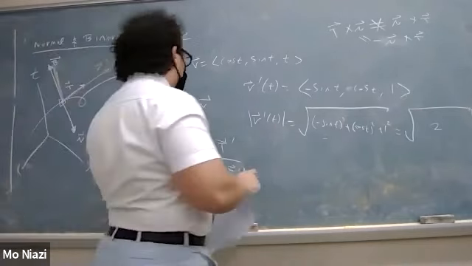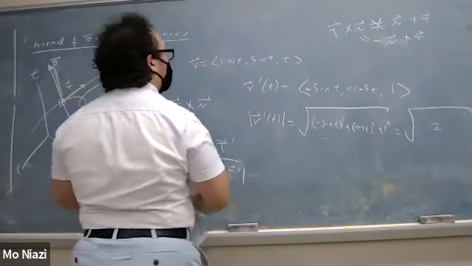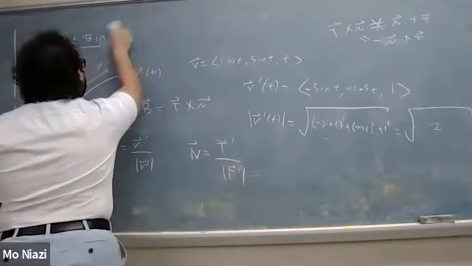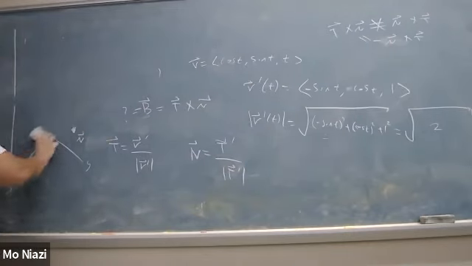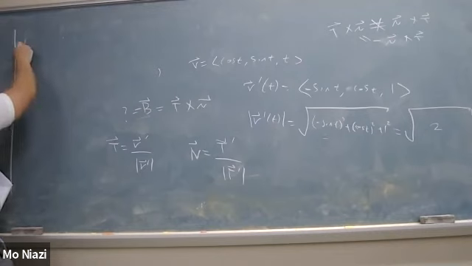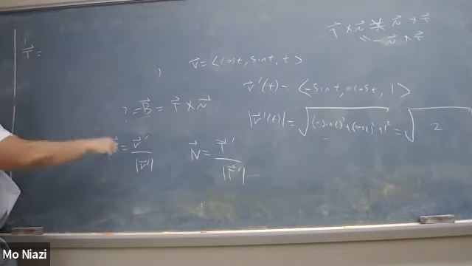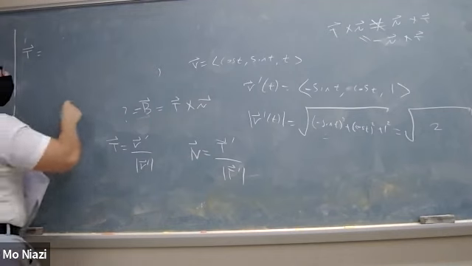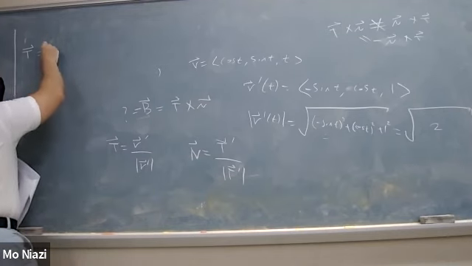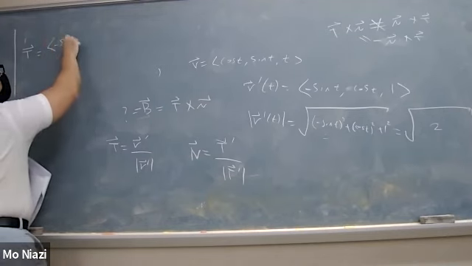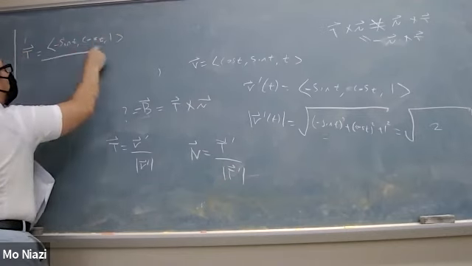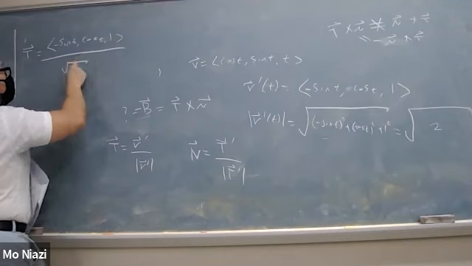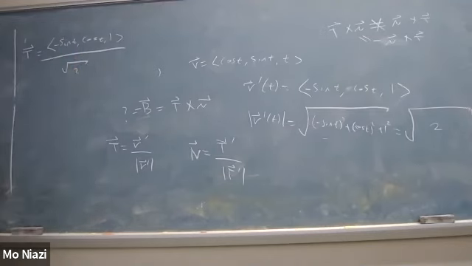Okay, so then this T formulation over here, T is going to be equal to r prime divided by its own magnitude, root 2.